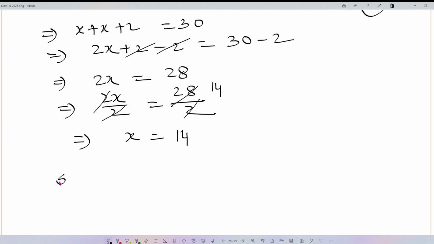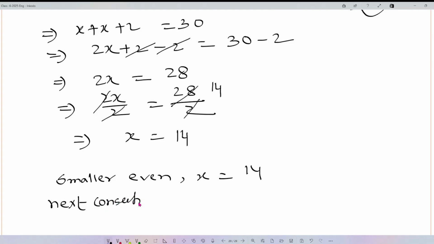So the smaller even number x equals 14. The next consecutive even number, x plus 2, means 14 plus 2, which is 16.